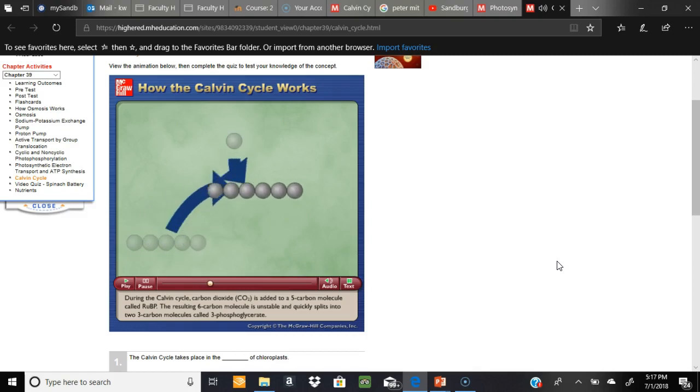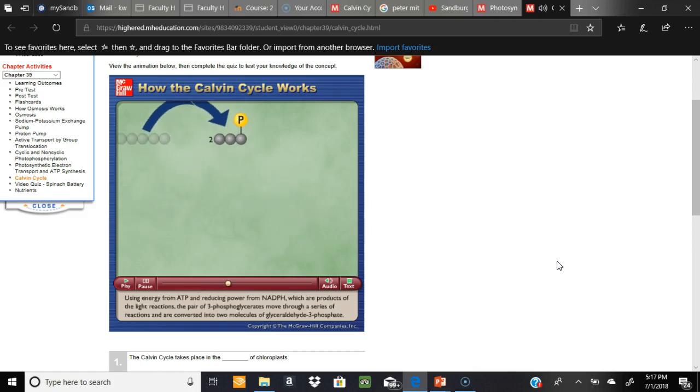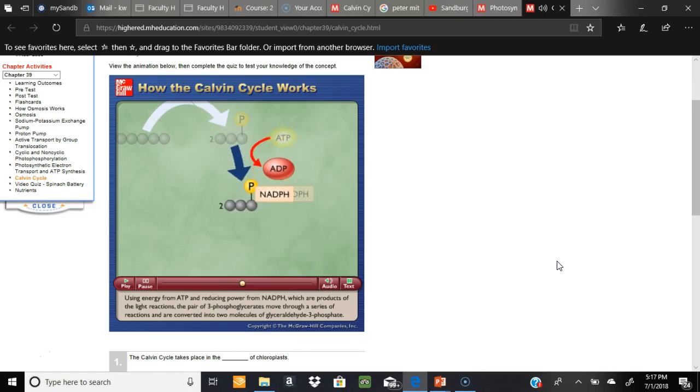The resulting 6-carbon molecule is unstable and quickly splits into 2 3-carbon molecules called 3-phosphoglycerate. Using energy from ATP and reducing power from NADPH, which are products of the light reactions, the pair of 3-phosphoglycerates move through a series of reactions and are converted into 2 molecules of glyceraldehyde 3-phosphate.